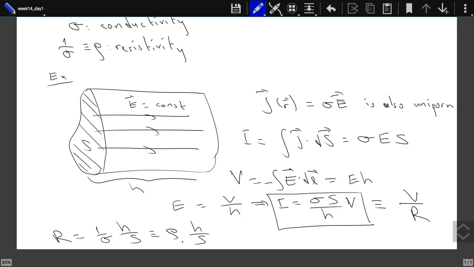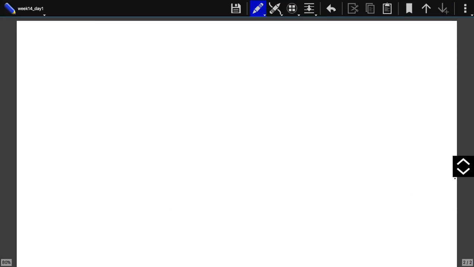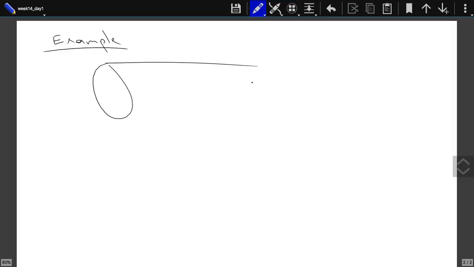Well, this local expression will also be easier to use if we have some arbitrarily shaped conductors. For example, let's look at a cylindrical resistor. So we have another example. We have a cylinder.